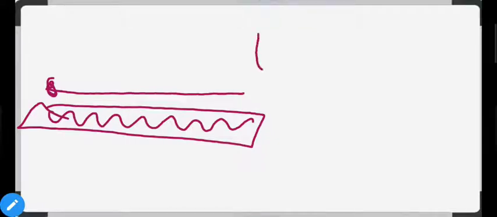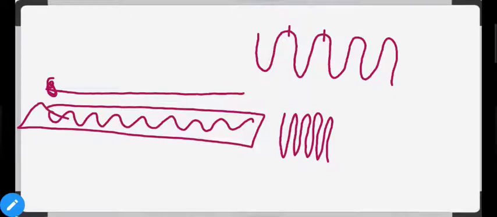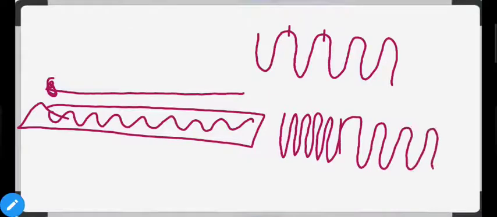Suppose this is the wave. Starting from this point to this point, this distance is called the wavelength. If energy is more, then the wavelength will be less, and if energy is less, then the wavelength will be more.